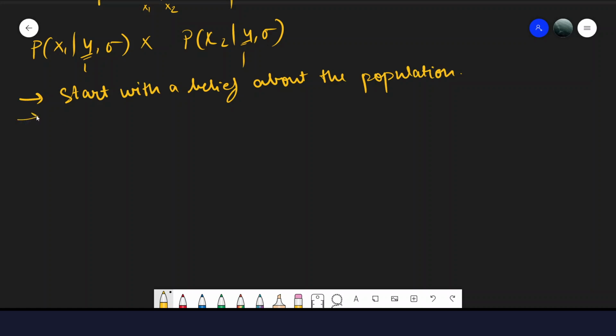The second part is that you derive the likelihood function that estimates the probability of observing the data using the belief in step one.